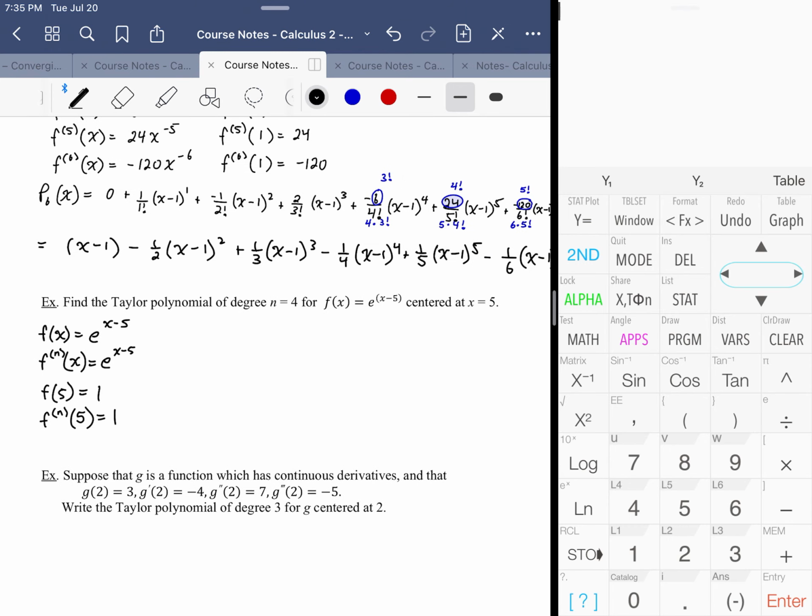All right. So when I come up with my polynomial for degree n equals 4, I just need to go out until I get to the 4th derivative.